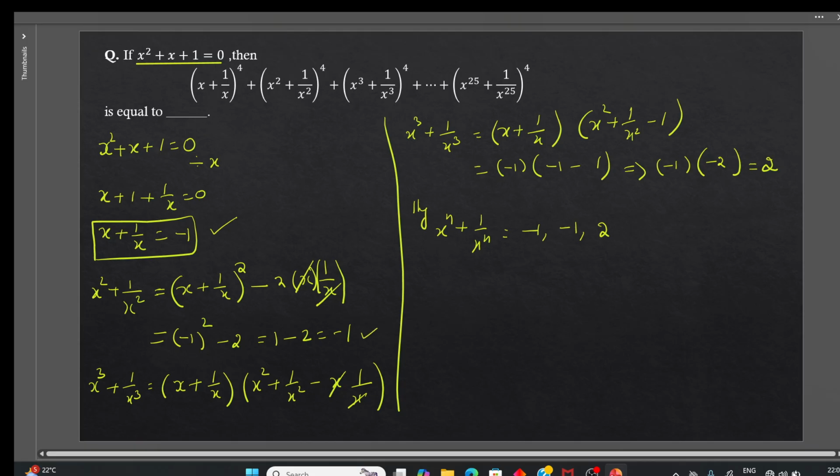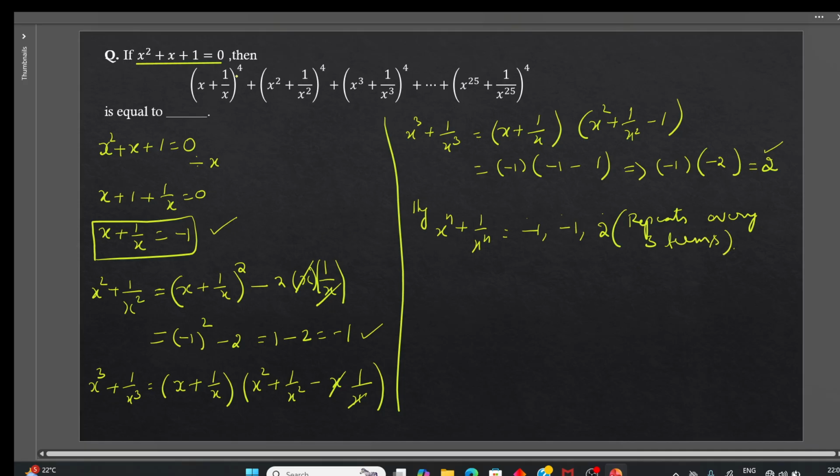So x to the power of 4 plus 1 by x to the power of 4 has the value minus 1. x to the power of 5 plus 1 by x to the power of 5 has the value minus 1. x to the power of 6 plus 1 by x to the power of 6 has the value 2. The values repeat every three terms, with only minus 1 and 2. Clear? It repeats every three terms.